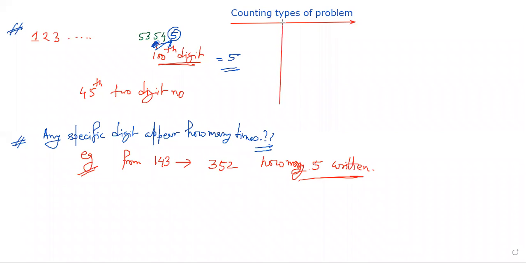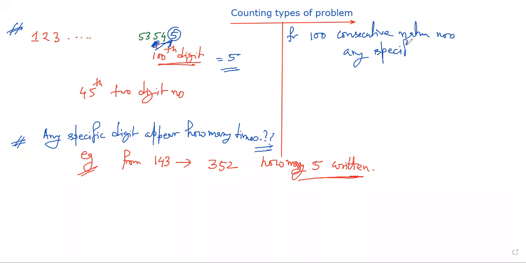Now, one important part that we need to know: for any specific digit, if I consider 100 consecutive natural numbers, any specific digit appears 10 times in the unit place and 10 times in the 10th place.